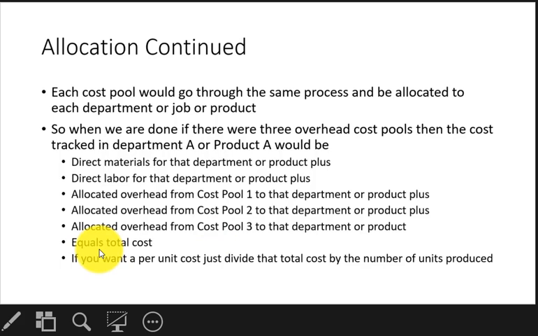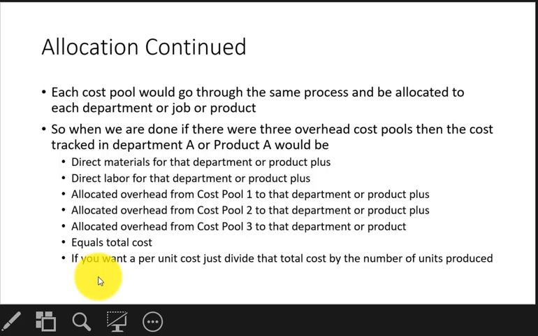So if you're doing a job, to know how much the cost of the job is and how much needs to be moved to finished goods, you'd need to know the direct materials, direct labor, and the allocation from each cost pool. And if that total cost is not what you're after, maybe you want a cost per unit, just divide that total cost by the number of units produced.